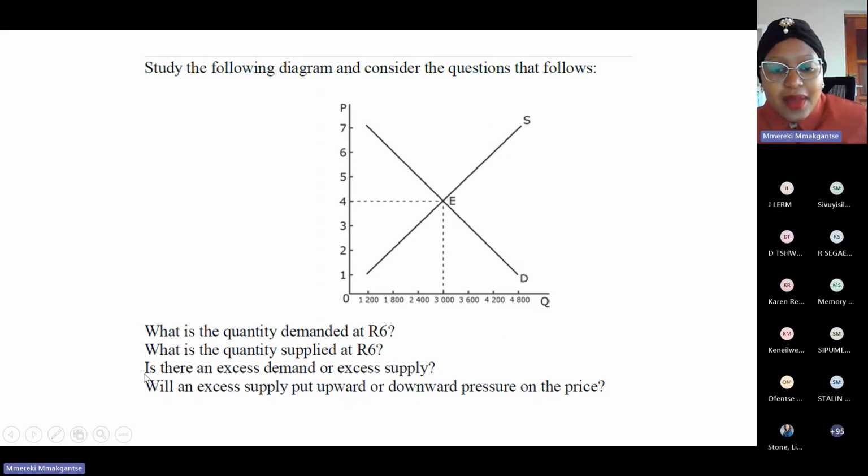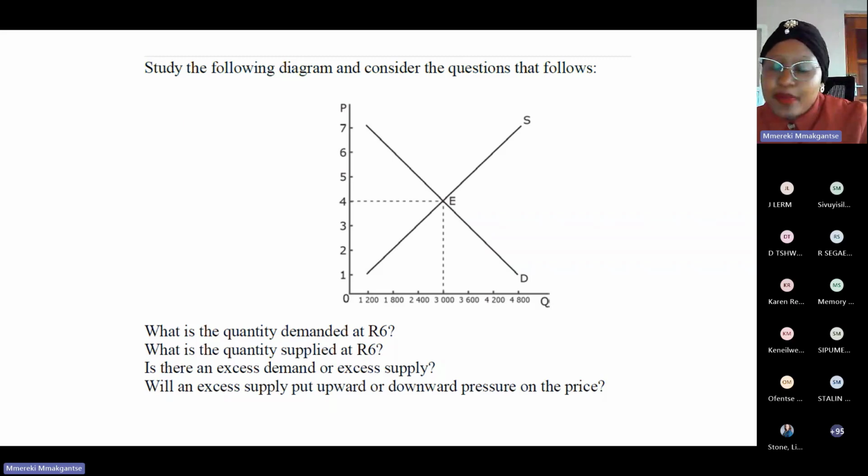Now, is there an excess supply or excess demand at R6? Remember at R6, the price is above equilibrium. Is that excess supply? Wonderful, excess supply. Will excess supply put upward pressure or downward pressure on the price?